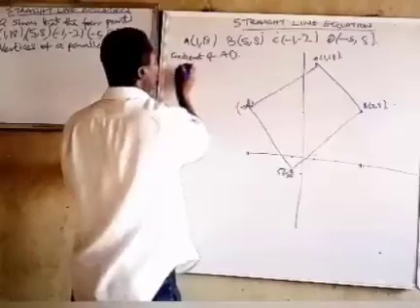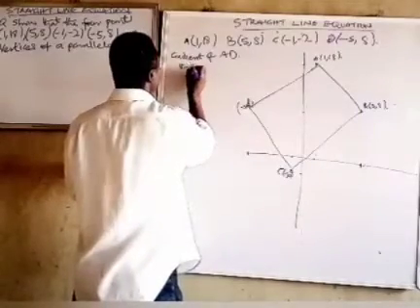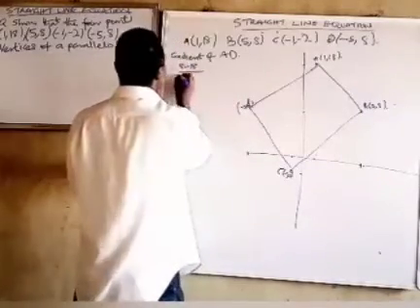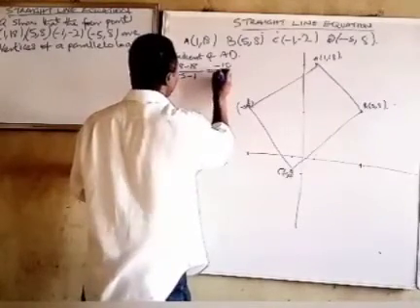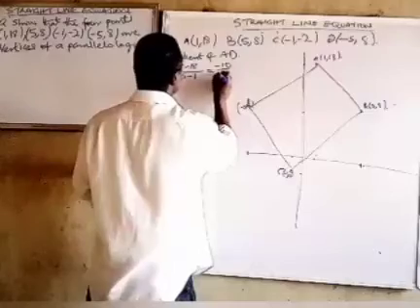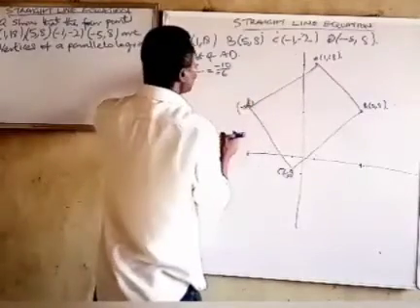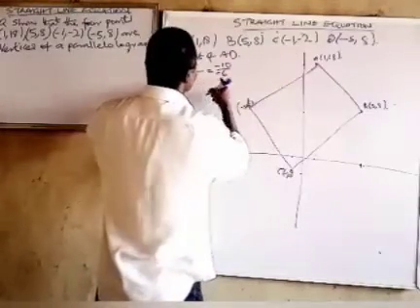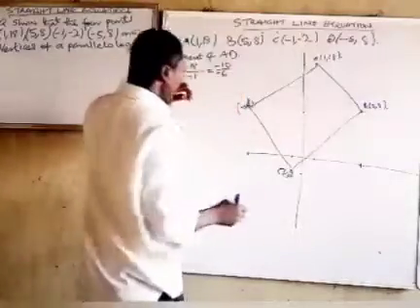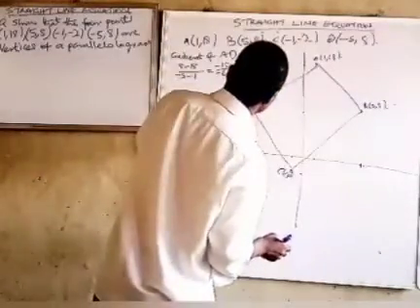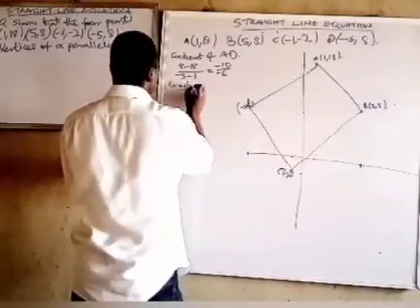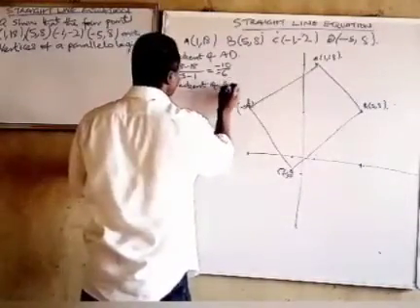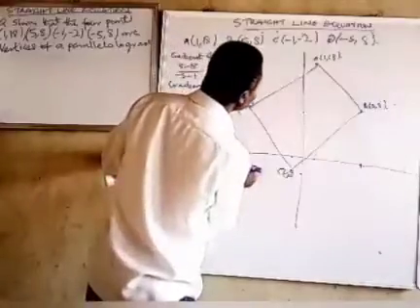So that will be 8 minus 18 over minus 5 minus 1. So that's minus 10 over minus 6. So that is for AD. Let's check gradients of BC.